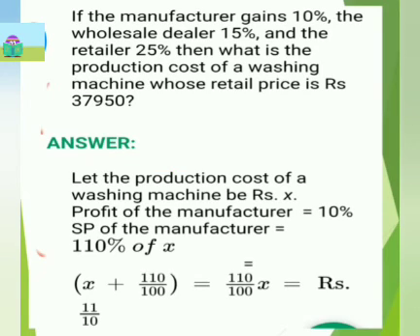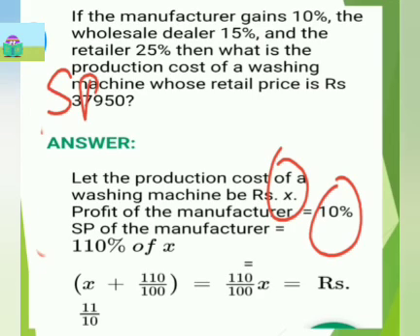So let us consider that the cost price of the washing machine be rupees X. Now we'll calculate. Here the profit of the manufacturer is given to you, 10%. Now we will calculate the selling price of the washing machine for the manufacturer. So what will be the selling price?